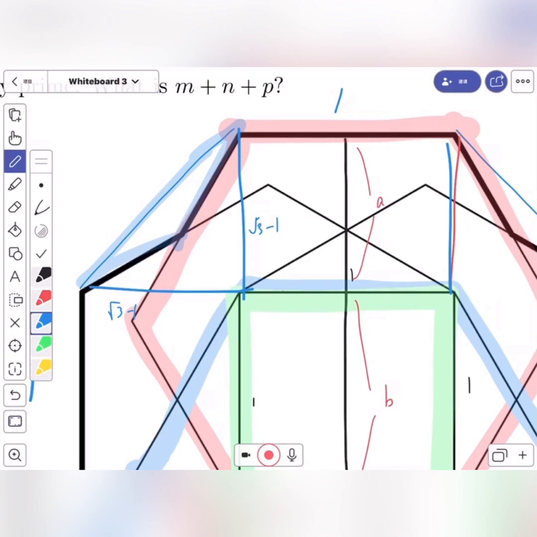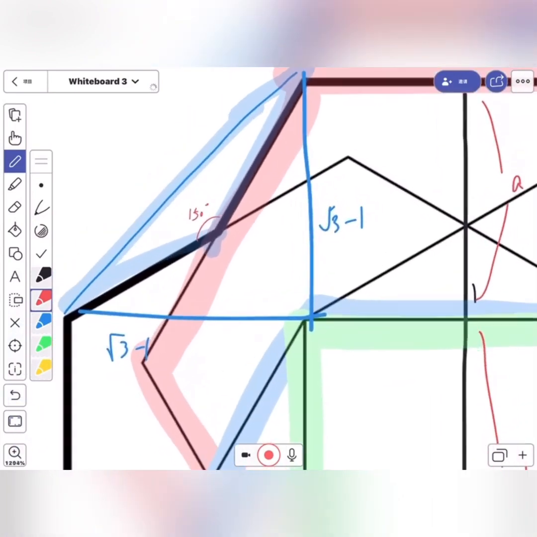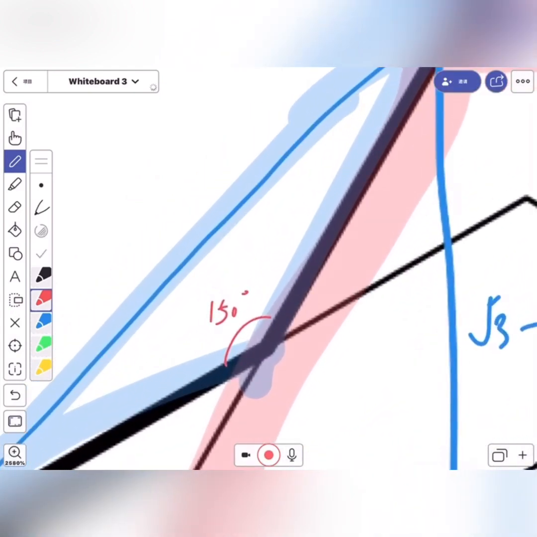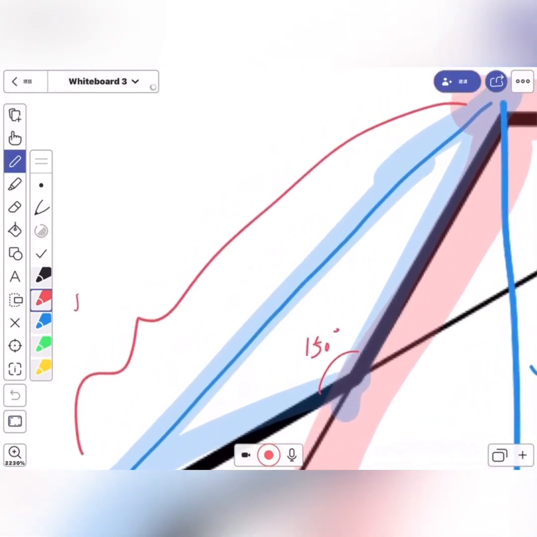Well, since we found that this is 150 degrees, and we also found that this side is basically root 3 minus 1 times the square root of 2, which is equal to root 6 minus root 2.